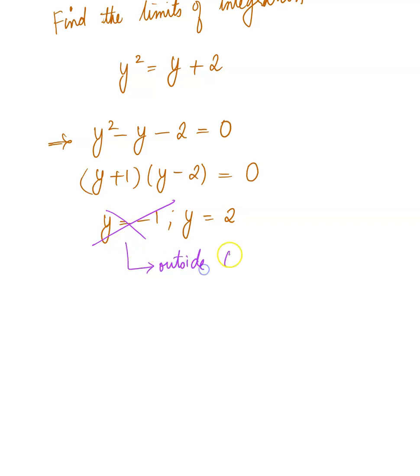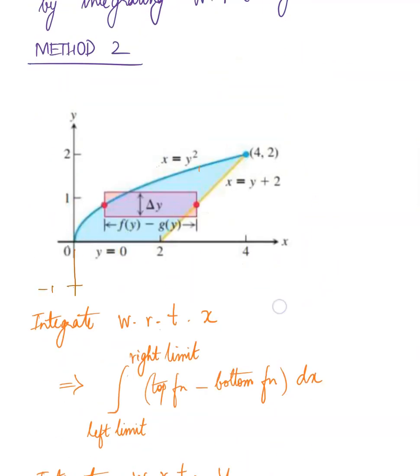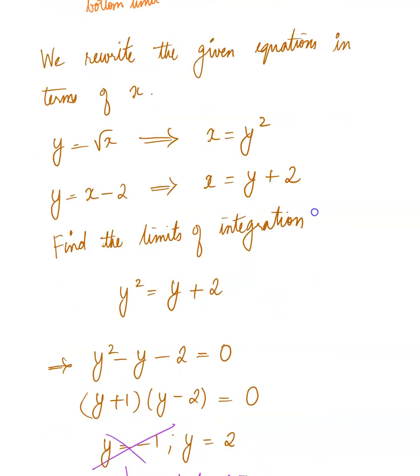Outside quadrant 1. Which means we're going to start from the first available point, which will be 0, right, for the first quadrant. So it will go from 0, that's where the shaded region begins, 0 all the way to 2, the bottommost part of the shaded region to the topmost part of the shaded region.